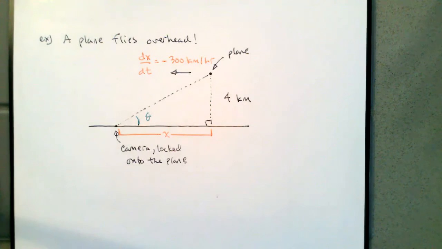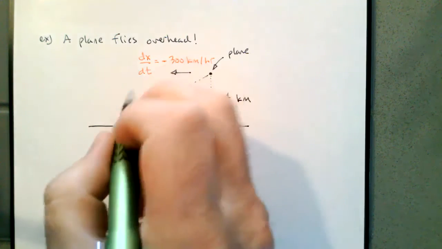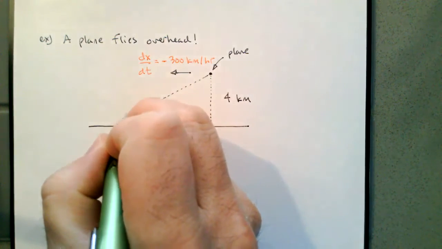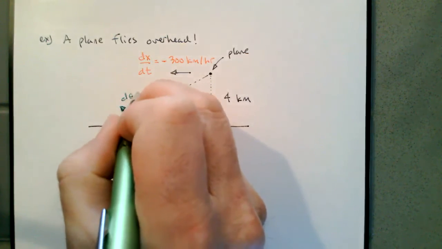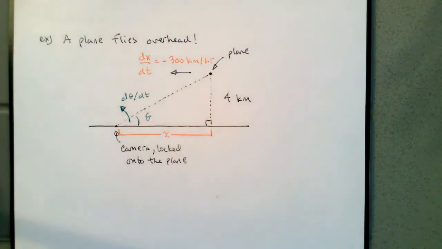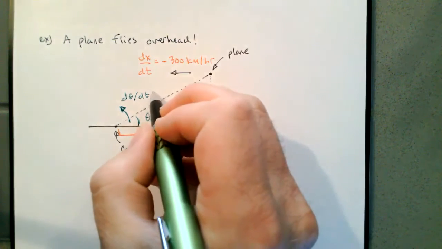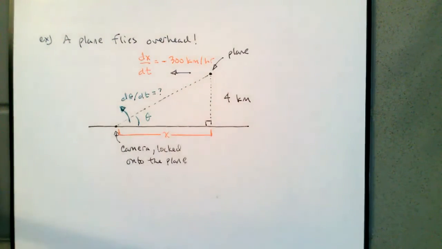Now what's happening is that the camera has to rotate to keep the plane in view. So there's some kind of rotation going on: d theta/dt. And that is the thing that we'll be looking for. So we might have a question like, how fast does the camera have to rotate? Then we'll need to pick a fixed point in time when the horizontal distance from the plane to the camera is some value of x, or an angle for theta.